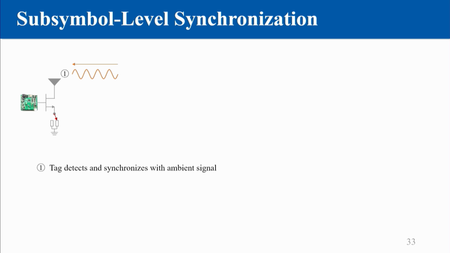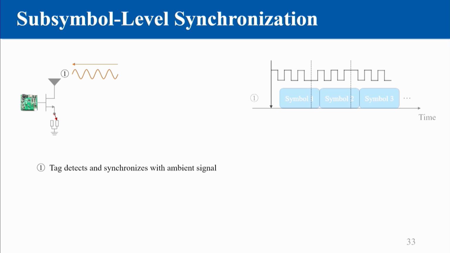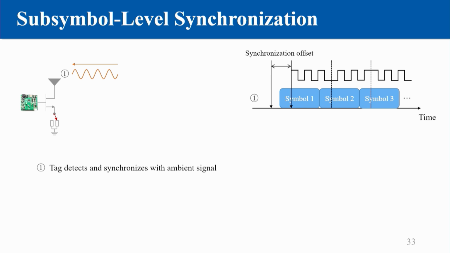We designed a timing synchronization scheme that uses the receiver's feedback. First, our tag detects and synchronizes with the ambient signal. It determines a packet start and implements an interval search. Then the tag backscatters the signal and waits for the response from the receiver.